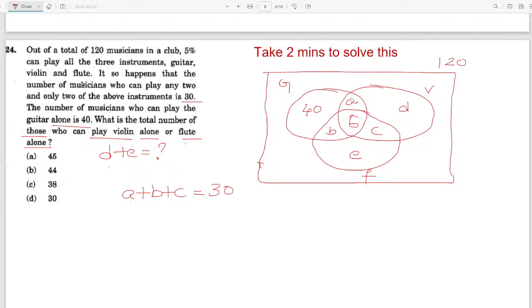And we know that all these people combined will be 120.